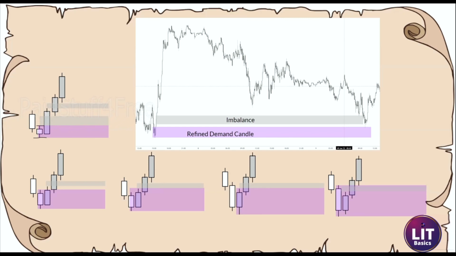That's where price then should tap into, because of course it fills the imbalances, but also taps back into these demand areas and then is ready to go out of it. So how to refine these zones, as Cam said, you have multiple different variations to it.